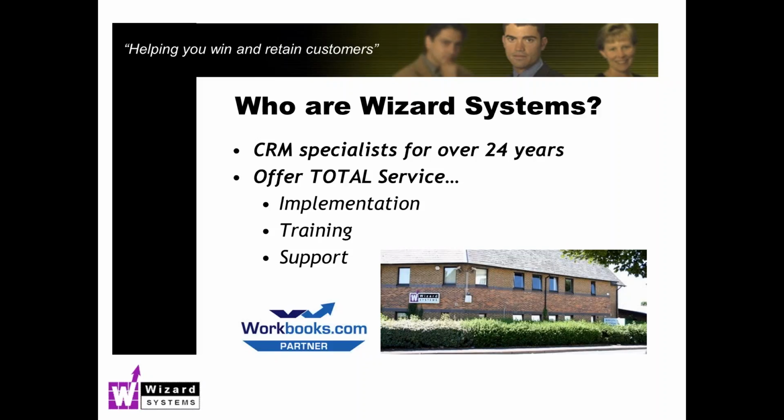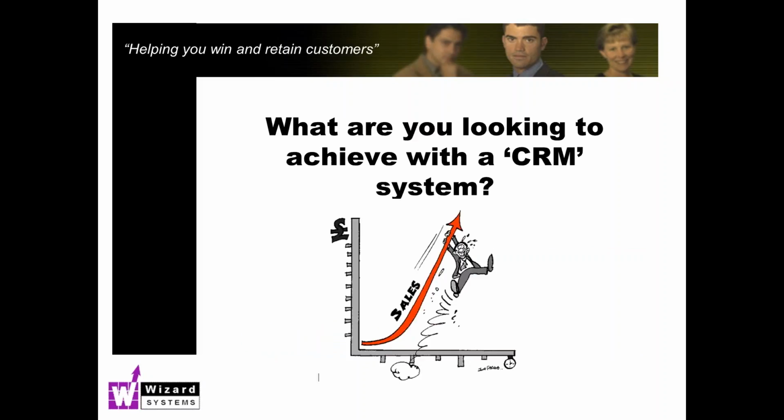So in working with you, what we're trying to find out is what are you looking to achieve with a new CRM system? Are you looking to improve your sales process? Are you replacing an old CRM system with Workbooks?